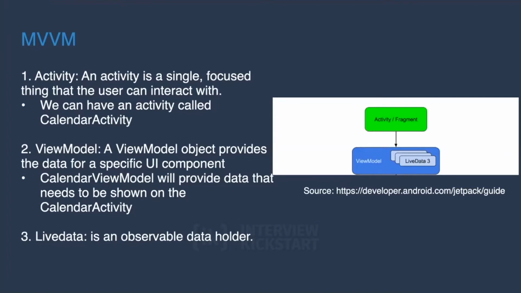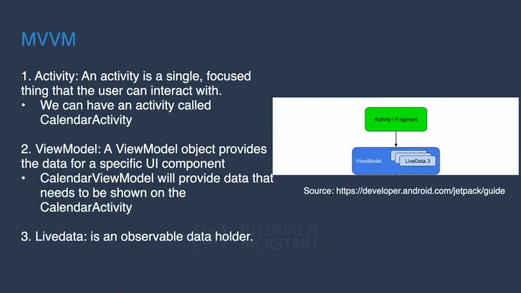Then we will have a view model. A view model object provides the data for a specific UI component, such as a fragment or activity. It also contains all the data handling business logic to communicate with the model. For example, the view model can call other components to load the data, and it can forward user requests to modify the data.